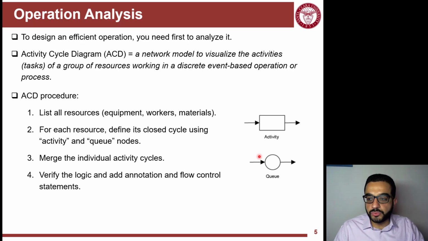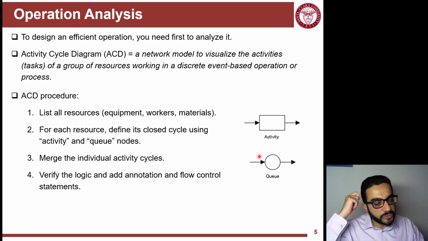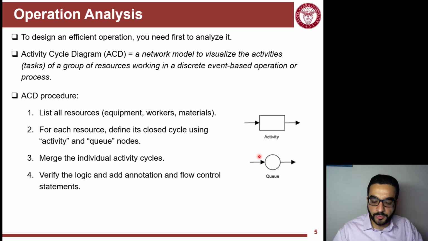And at the end, you verify the diagram, make sure it makes sense, and write on the diagram any logic statements that you would like to represent, to clarify that the logic is represented well to mimic what's really happening in reality as much as you can.